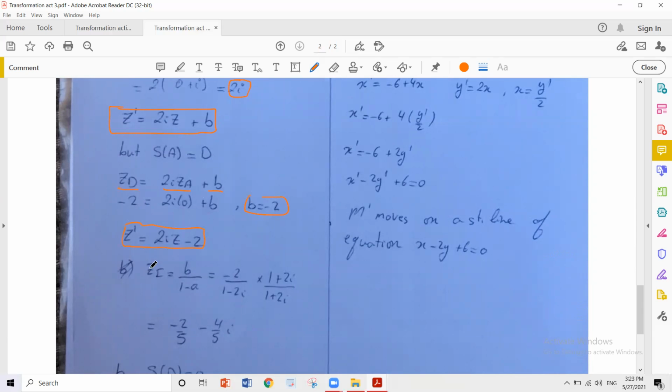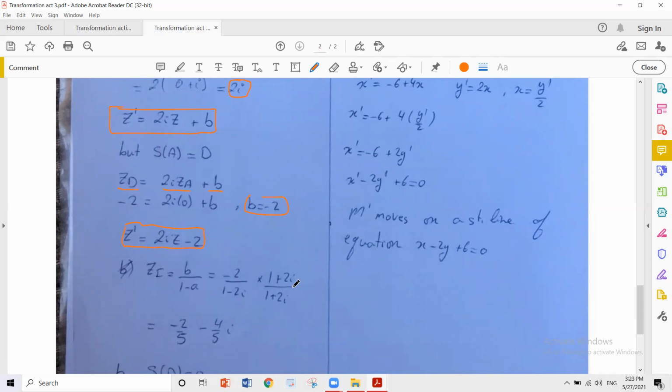To determine the affix of the center, zI is given by the rule zI equals b over 1 minus a, which is minus 2 over 1 minus 2i.